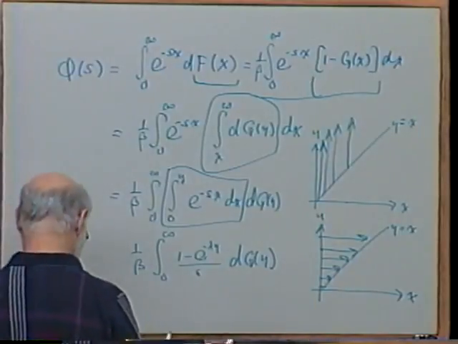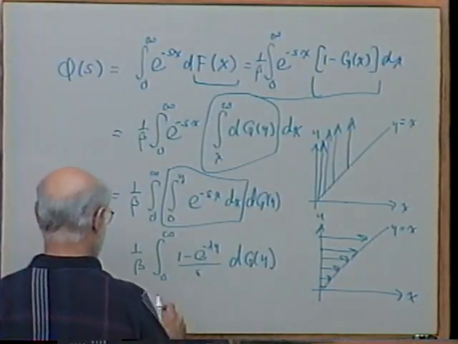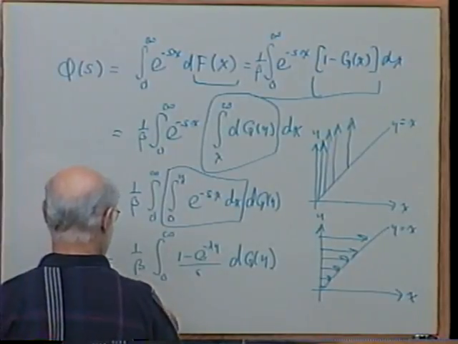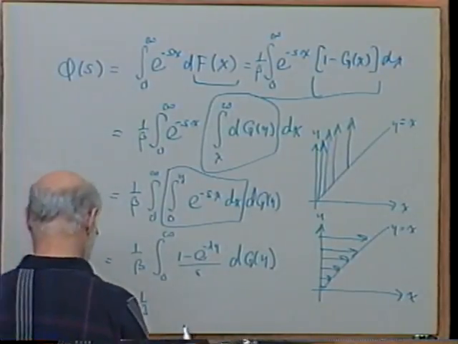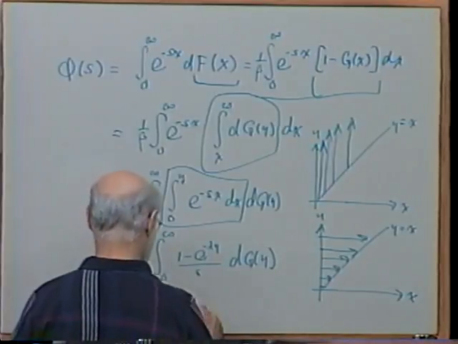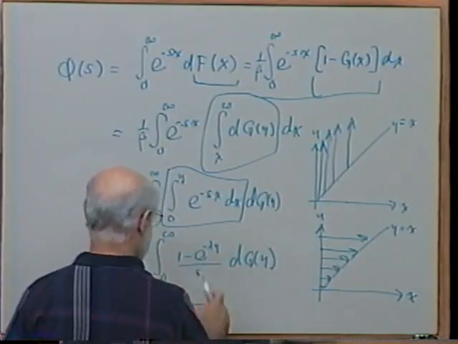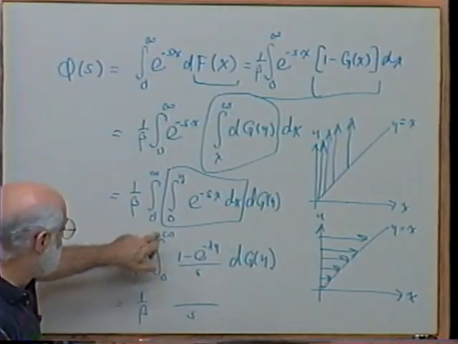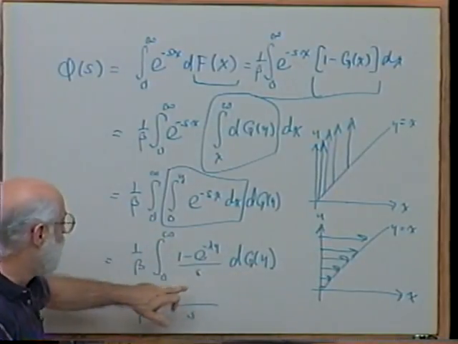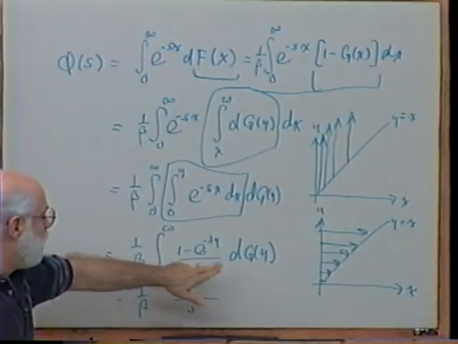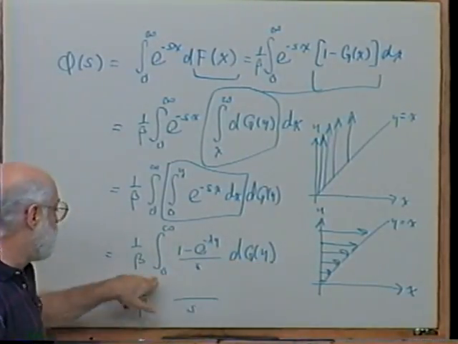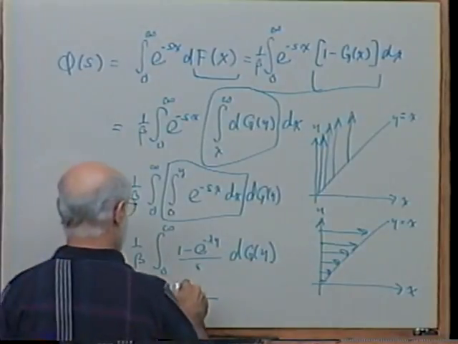Okay, then I take the s outside. So what I'm going to get here is 1 over beta, and then I've got my s. Now what I'm integrating is 1 minus e to the minus s y from 0 to infinity with respect to y. So the first term, the 1, is just integrating this distribution function over the whole range of definition from 0 to infinity, so its value is 1.